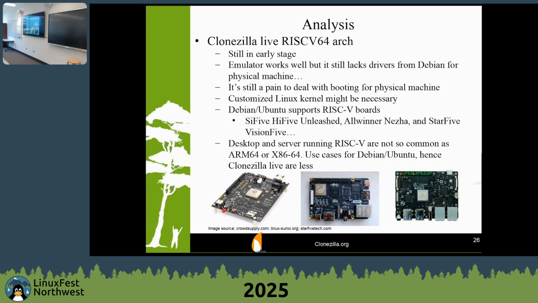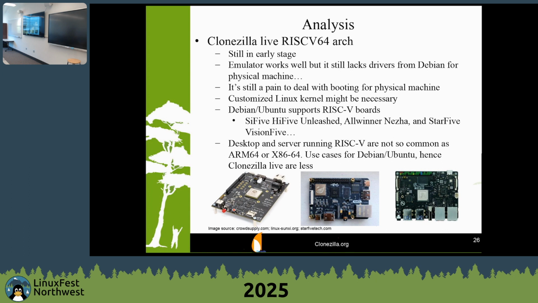The emulator was fine, of course, as I mentioned. And I mentioned many times, it's a pain to deal with booting RISC-V on a physical machine, because it's really case by case, vendor by vendor. You might have to customize your Linux kernel to deal with the hardware.